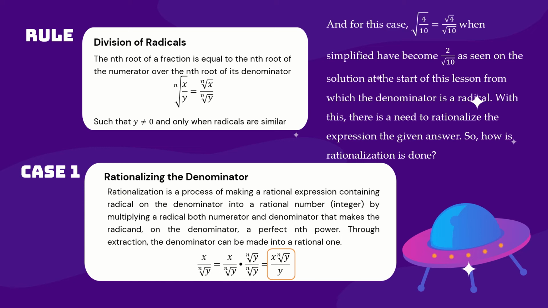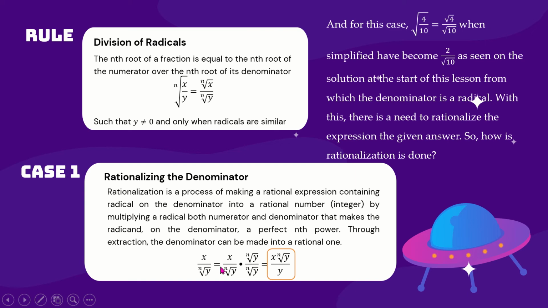Both on the numerator and the denominator, the radical is multiplied. That makes the radicand on the denominator a perfect nth power. Through extraction, the denominator can be made into a rational one. So the concept: x over the nth root of y.